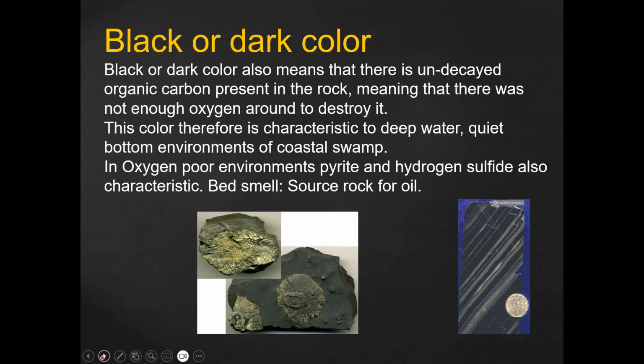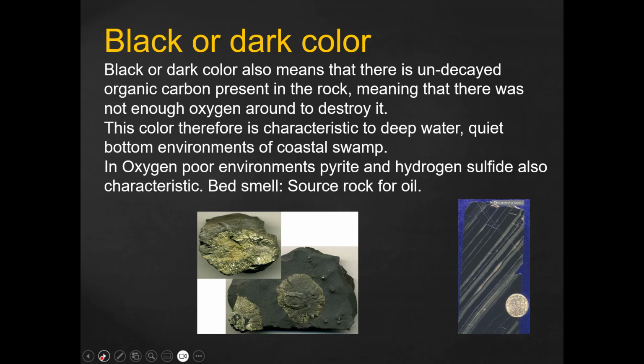When any living thing comes down to this level, there is no oxygen to decay it, so it stays undecayed. Normally these are the rocks which will produce oil or coal for us, so it's very important to find this kind of environment. Most of the time this means deep water or coastal swamp. Coastal swamp will produce a very similar environment.